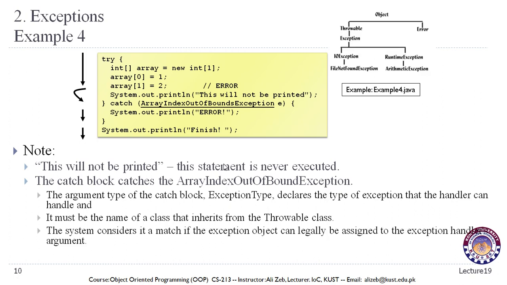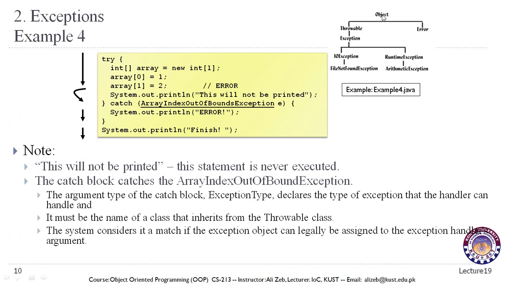The system considers it a match if the exception object can legally be assigned to the exception handler argument. It will try to match the error with this class, or with the object that we are creating over here, and if they match, then the appropriate message will be displayed. Otherwise we might get another error.